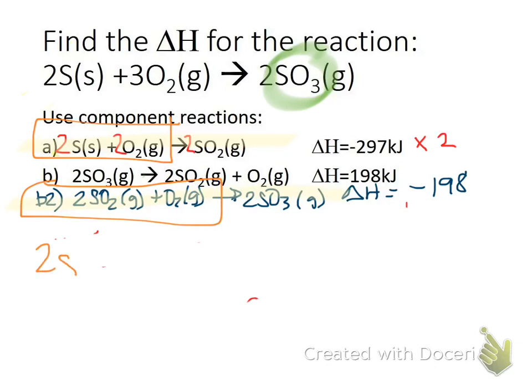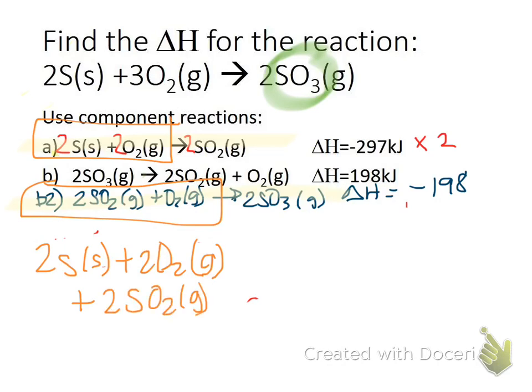Here we go. I have 2S plus 2O2. I also have 2SO2 plus another O2.